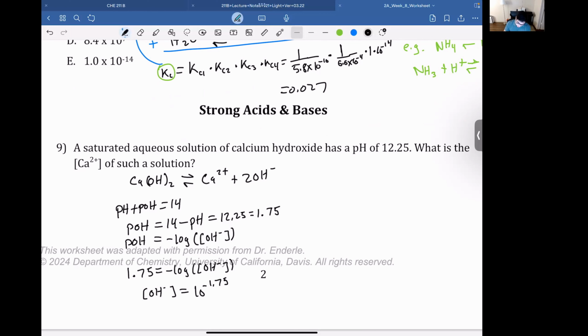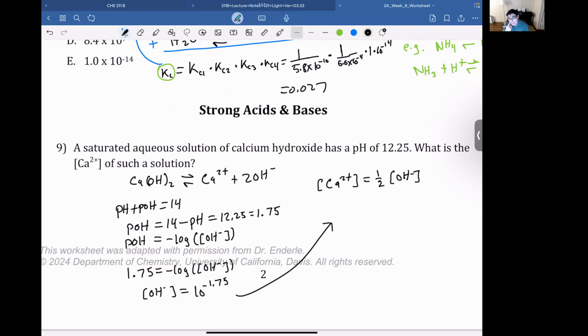All right, so then what we can do is not plug this in yet. I'm going to say the concentration of calcium is 1/2 the concentration of OH minus, right? Because there's half as many calcium ions as there is OH minus.